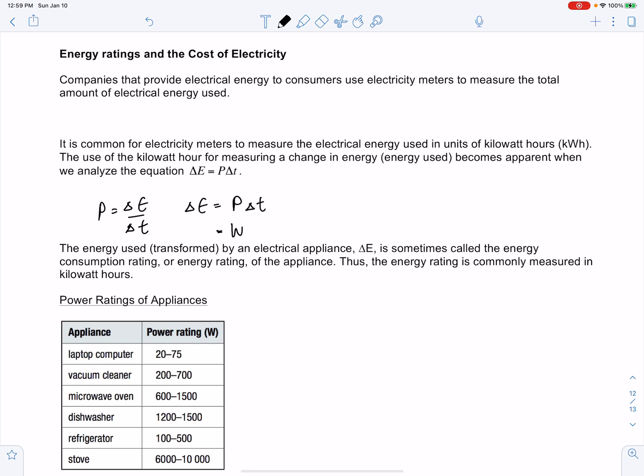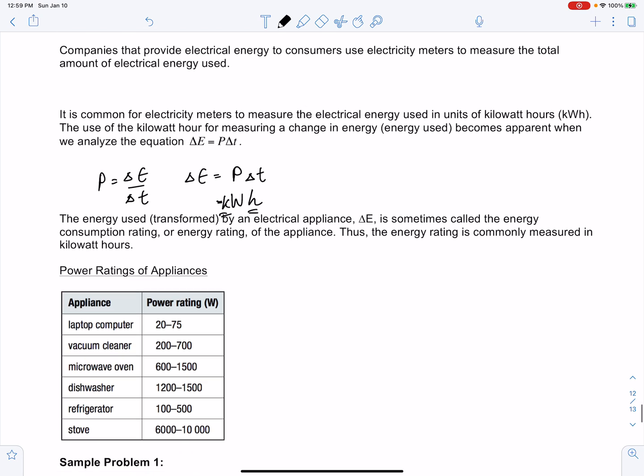Since power is measured in watts and time in seconds, they actually use the kilowatt hour because the cost of electricity is small per second, and it is much more practical to measure it in hours and kilowatts. So a common use for energy in electricity is power times time.